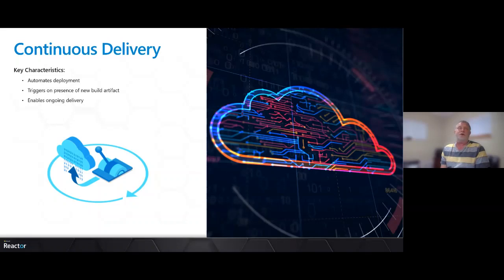And usually it's triggered on the presence of a new build artifact. So as the build process, the continuous integration process, completes, there's now a new build artifact available. The automated process in continuous delivery can pick up that new build artifact and deploy it to a target environment.